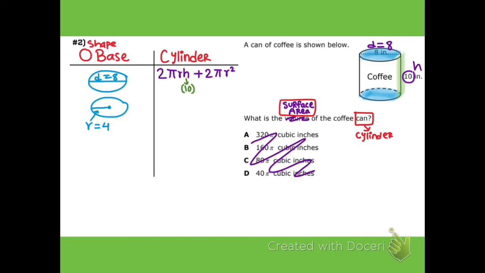And then we do not have to calculate area of the base here because we don't have capital B in our formula, right? This was one of the mistakes you guys were making, so I wanted to be very clear here. So we have the radius, now we just plug it in. All right, so I plugged in the 4 for the radius, the first one, and then the second radius is squared, so I squared it and then dropped down the 2 pi on both of those, okay?